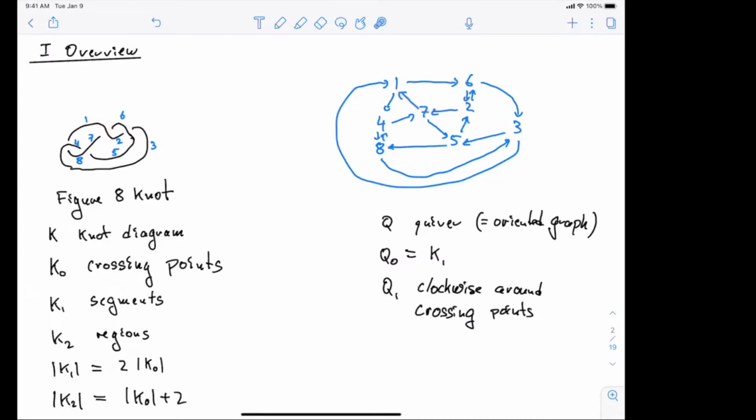Also, every region gives you an oriented cycle. This region here, 147, gives you an oriented cycle in the quiver which goes counterclockwise. And then we do the usual thing, you do clockwise regions minus counterclockwise regions, that gives you a potential.